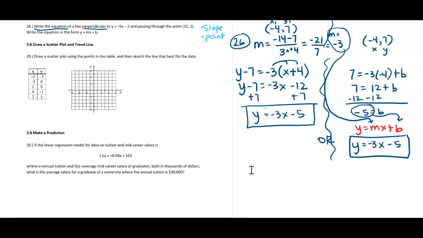Okay, when you get your answer to this, I want you to type it into the chat box. Don't press enter yet, but type your equation into the chat box.